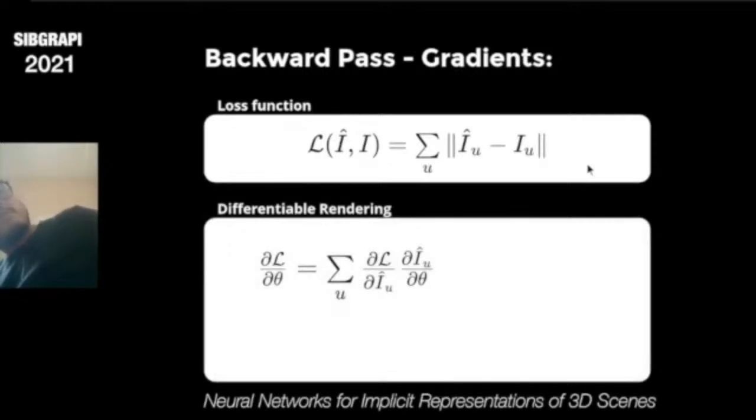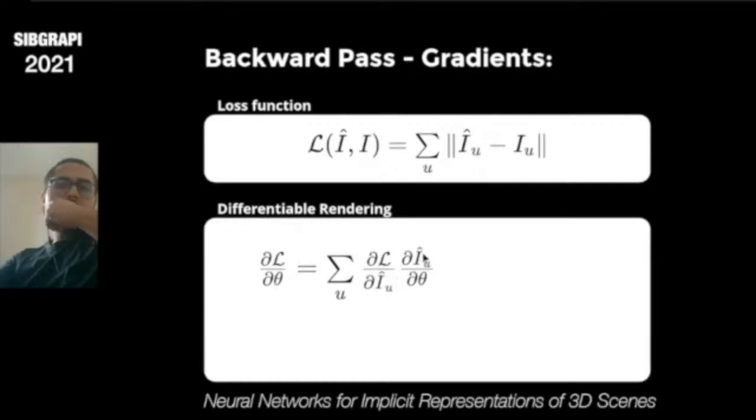First we can break this with the regular chain rule. You want to differentiate with respect to the parameters, so we can break it into the derivative with respect to I hat U, which we know.